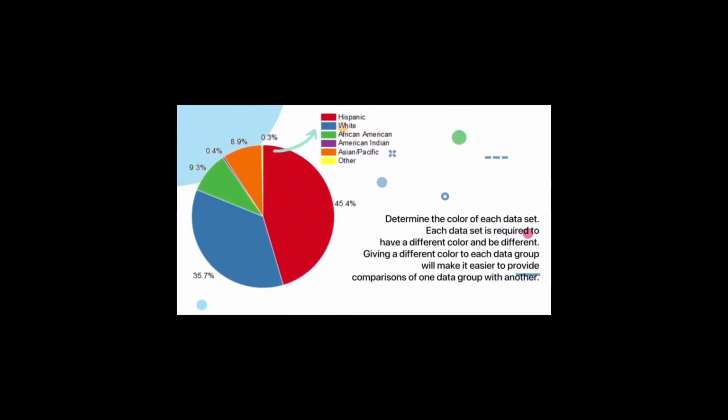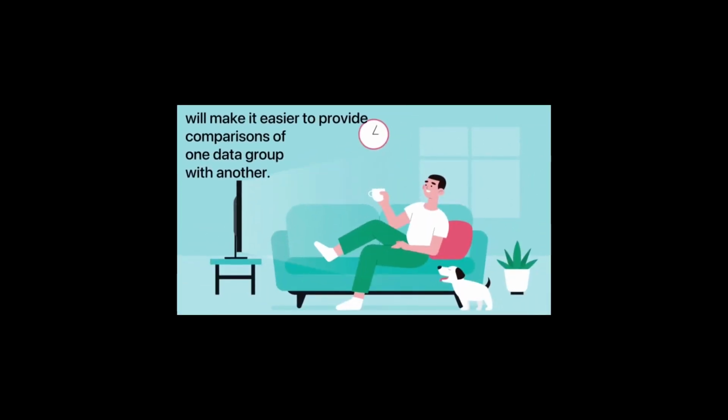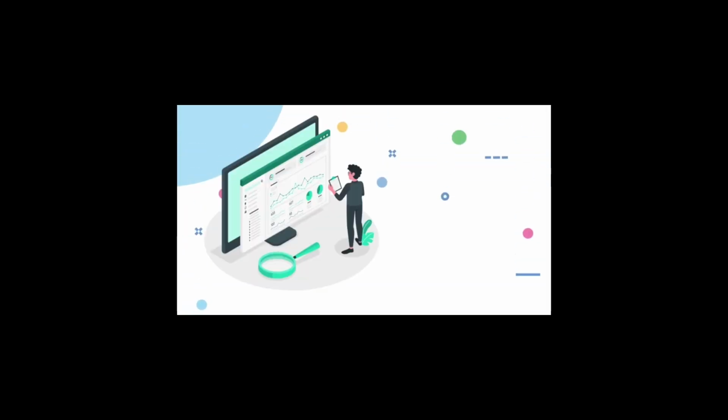Determine the color of each data set. Each data set is required to have a different color. Giving a different color to each data group will make it easier to compare one data group with another. Provide a description of each data group. The aim is to make it easier to read the information.